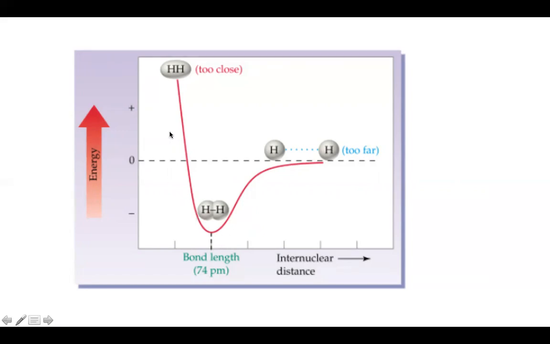So when they are too close to one another, the valence electrons from those atoms are going to want to repel one another, okay? Whereas when they're too far apart, the nuclei of each of them don't feel any attraction to the other's valence electrons. So it's again like a balancing act between being too close or too far.